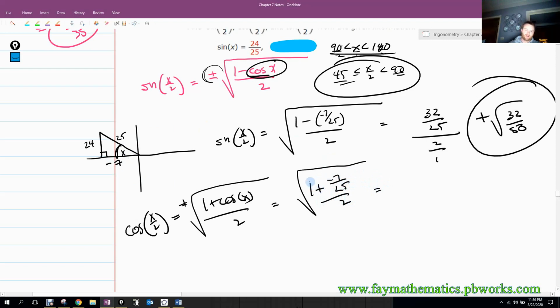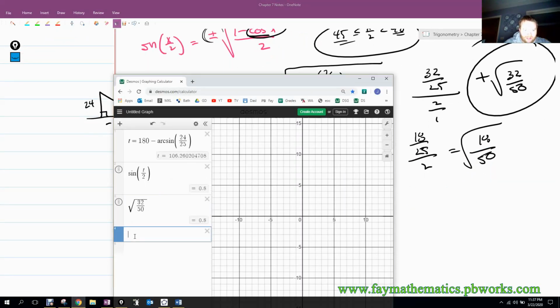So again, that's 25/25, so it'll be 18/25 over 2. So it turns out to be 18/50. Now I can say, okay, what's the square root of 18/50? It gives me 0.6. Is that the same thing as the cosine of x over 2?